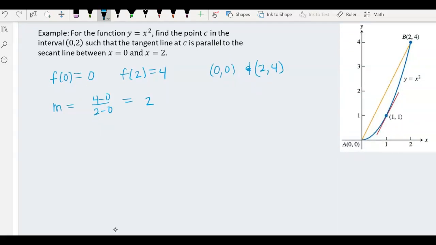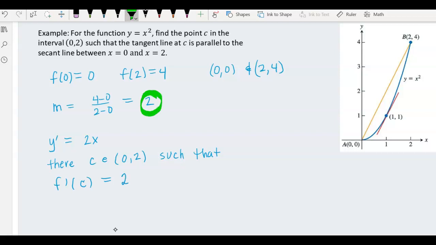When we look at the original function, the derivative of the original function is 2x. And so the mean value theorem says that there is some point c between 0 and 2 such that the derivative at that point is equal to 2, the slope of the secant line.